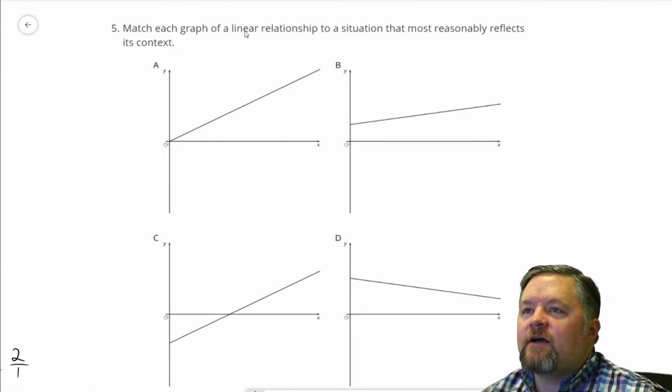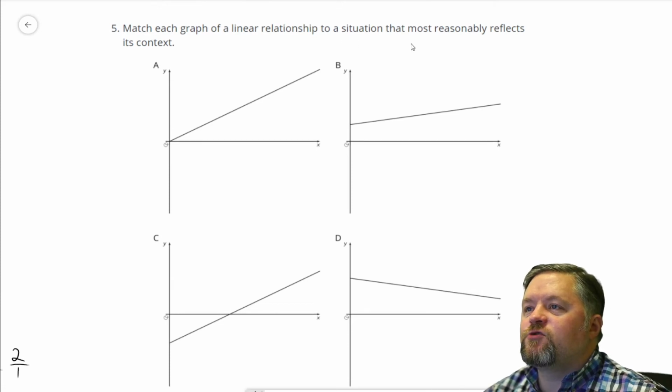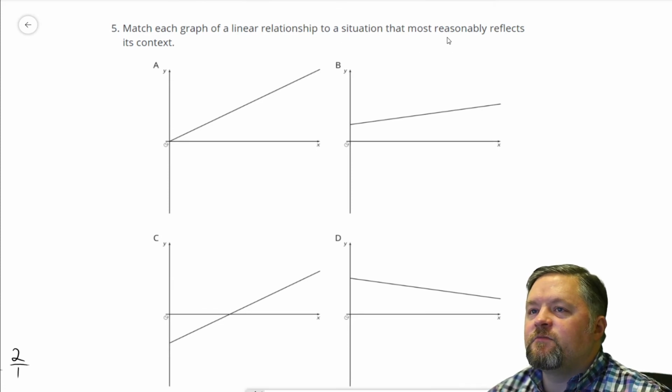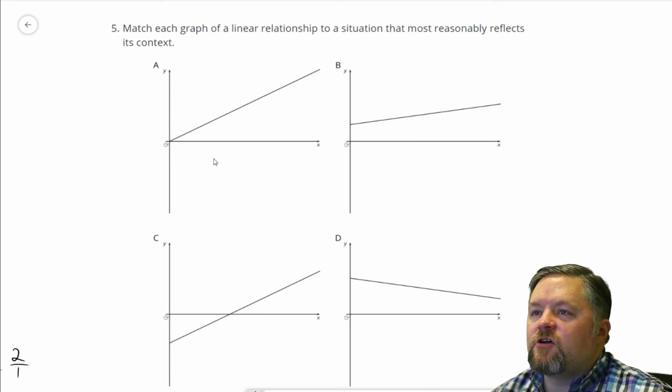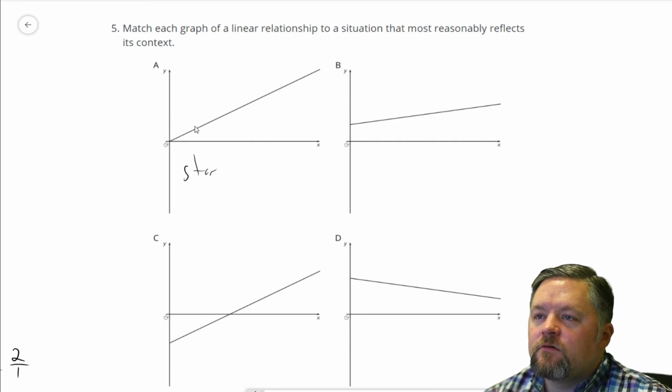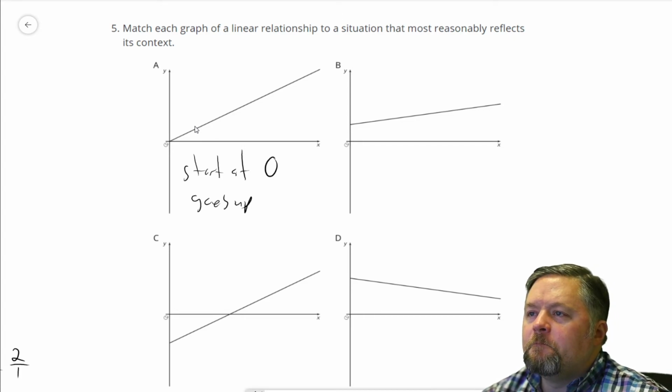Match each graph of a linear relationship to a situation that most reasonably reflects its context. So A starts at 0 and goes up. B starts at some positive value and goes up.